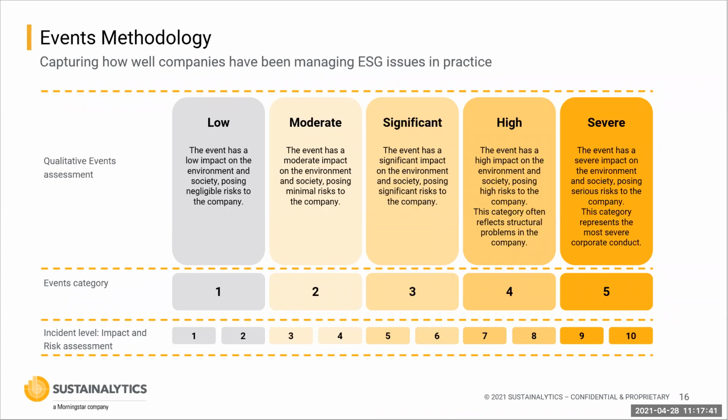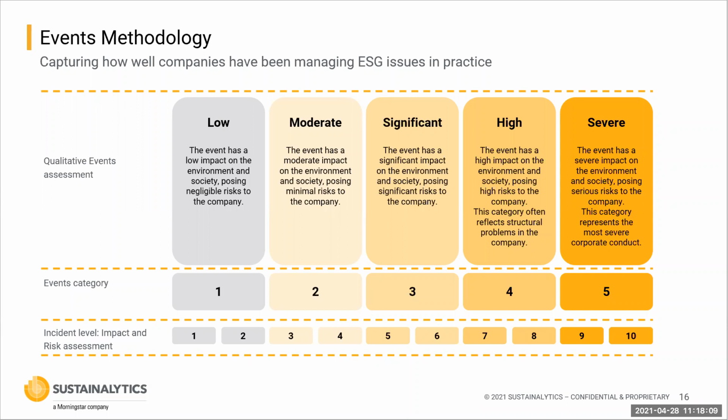And the controversy research is important to highlight because, one, it has a key input role in adjusting the ESG risk rating score, but also the controversy research includes forward-looking signals, which we call outlooks.